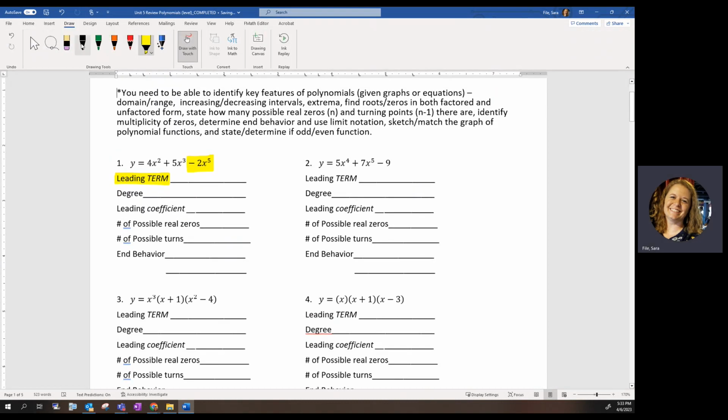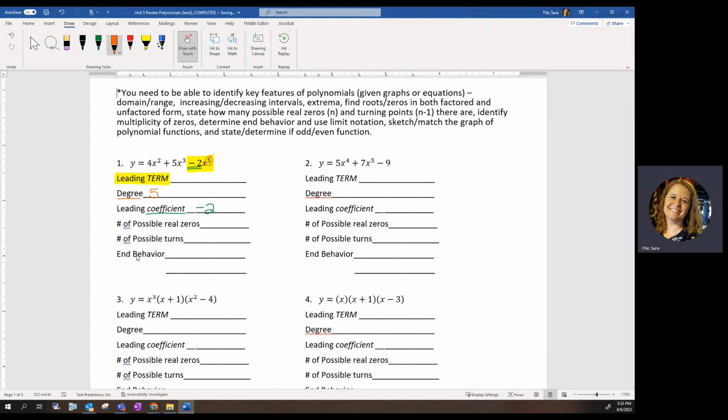And then the leading coefficient is the number in front. That is just -2. And then the degree is the exponent, the power of that leading term, that highest exponent. So in this case, it's 5.